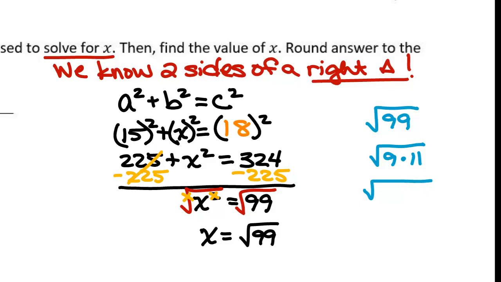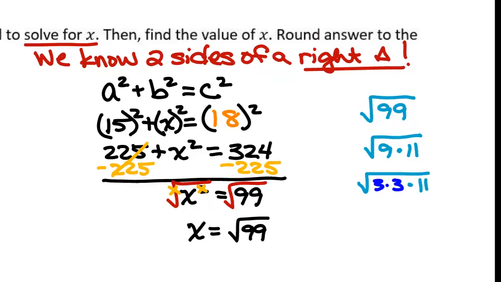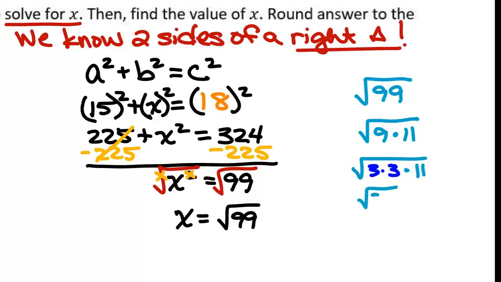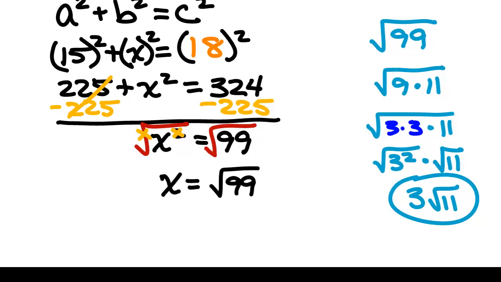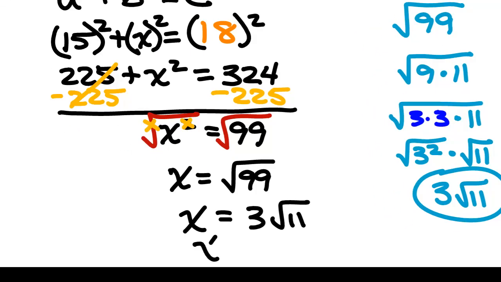And 9 is 3 times 3. So that would be the square root of 3 squared times the square root of 11, or 3 square root 11. So x is equal to 3 square root of 11, or in its decimal form, that would be 9.95.